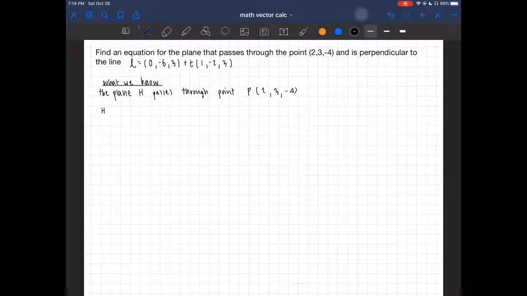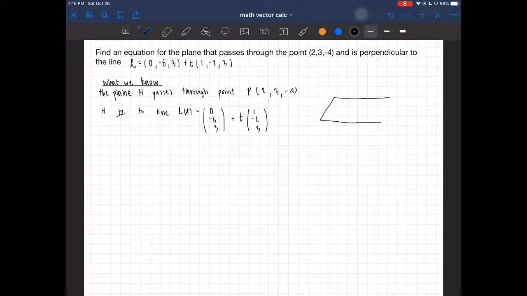Secondly, we know that the plane H is perpendicular to the line L of t, which I'm writing in vector parameterized form as (0, -3, -6, 3) plus t(1, 2, -2, 3). So this is what we know, and to better visualize it, I'm just going to draw it out.